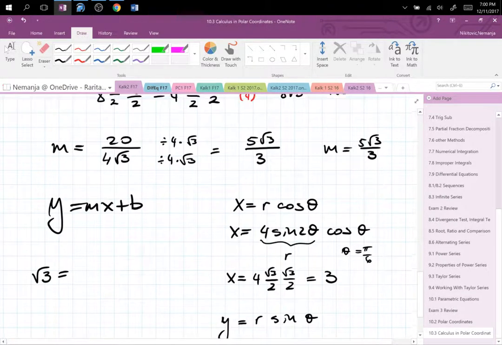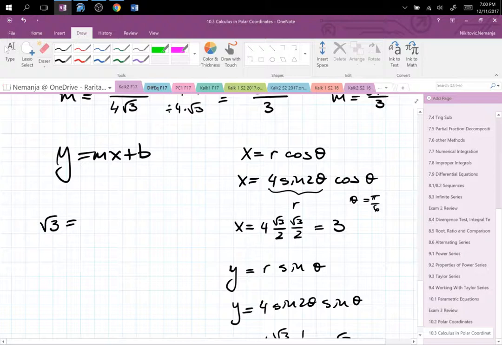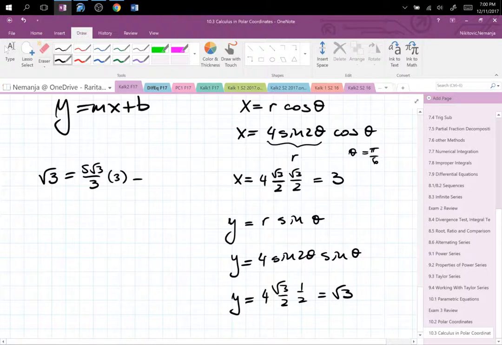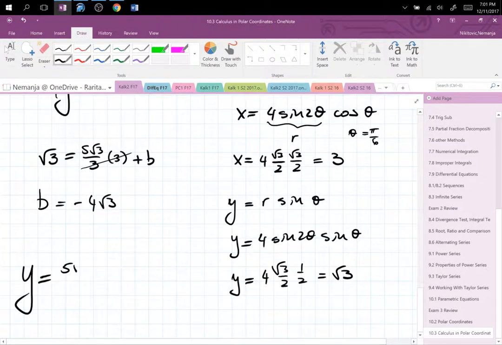Slope m is 5 root 3 over 3. X is just 3 plus b. These die. And b is equal to negative 4 root 3. So what's the tangent line? Y equals 5 root 3 over 3 x minus 4 root 3.